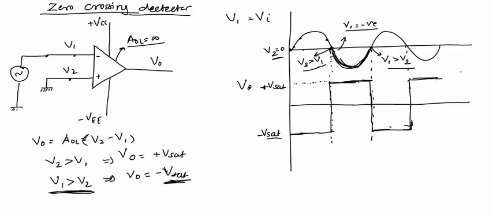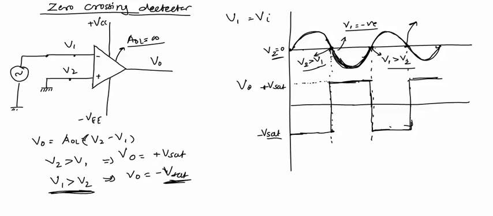So in this circuit we have seen the output waveforms. In these waveforms we can see that whenever this input sinusoidal voltage crosses zero reference line, output changes its state. Means if it crosses this zero line, here we can see that output was changed from minus Vsat to plus Vsat.